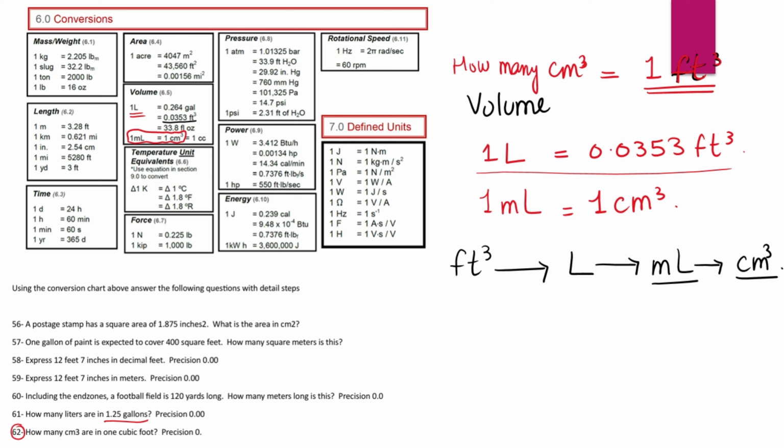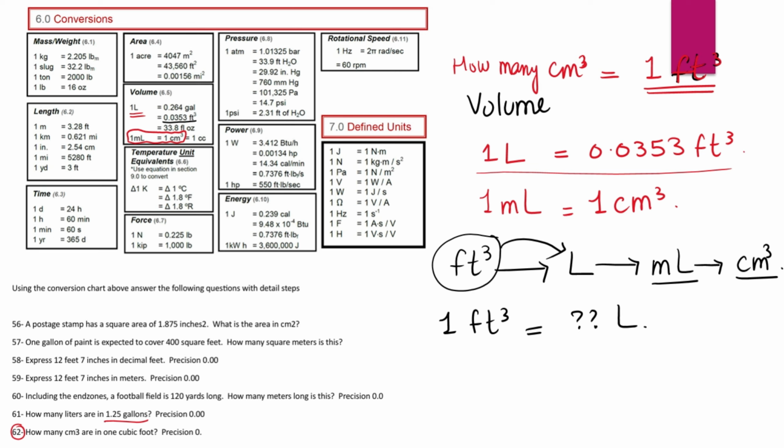So the main thing here is to convert feet cube into liters. For now forget about centimeter cube, just remember we are converting feet cube into liters. We need to find how many liters 1 feet cube is equal to.